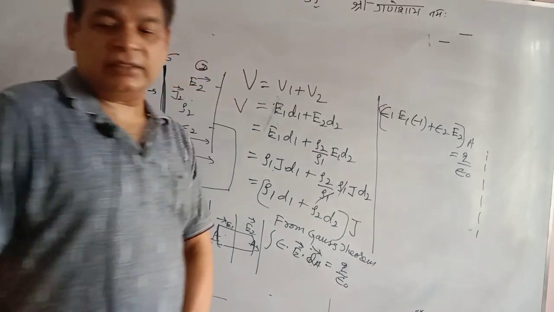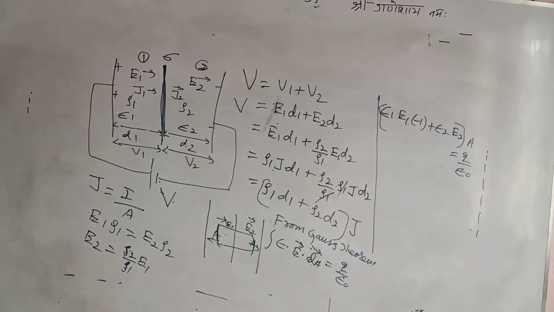Q is the enclosed charge at the boundary.